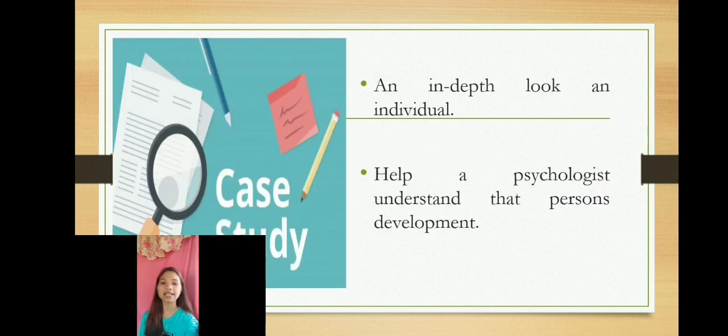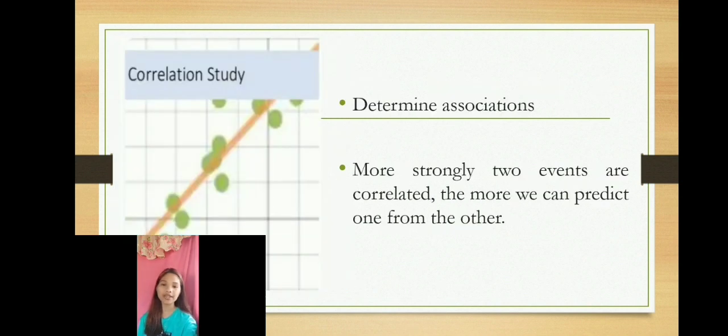First is case study, an in-depth look at an individual. It provides information about an individual's fears, fantasies, traumatic experiences, upbringing, family relationship, health, and anything that helps a psychologist understand the person's development.